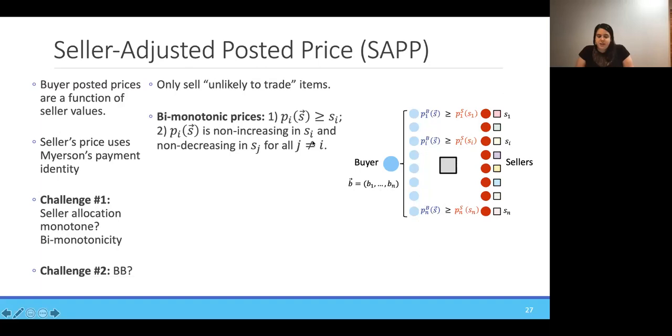If the seller for item i increases his cost, it shouldn't help. We don't want it to help, and we also don't want the other sellers' values to mess with it. Does that make sense?